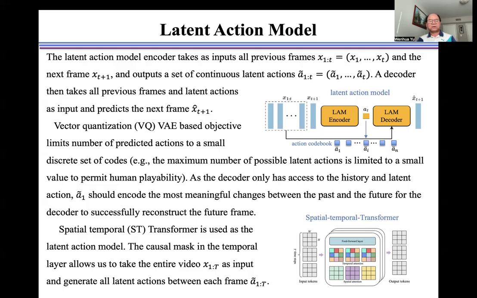A spatial-temporal transformer, as shown here, is used as the latent action model. The causal mask in the temporal layer allows us to take the entire video x1 to xt as the input and generate all latent actions between each frame.